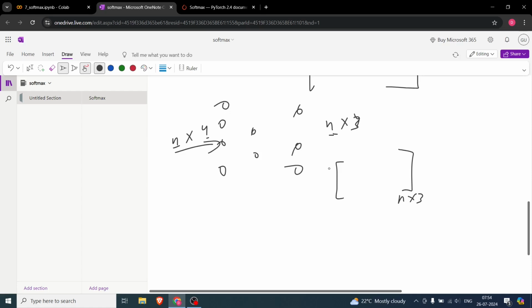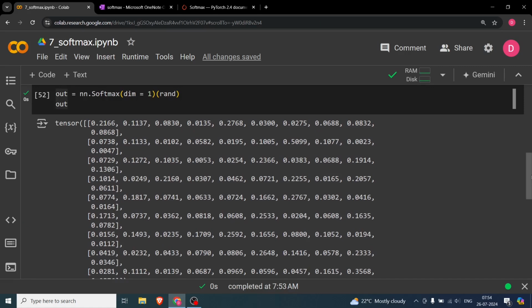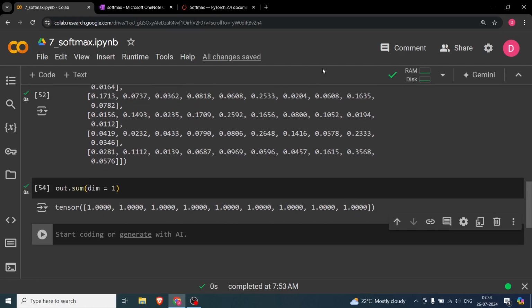This represents your number of examples, and this represents your output neurons. Then you use a simple exponent, and after that you normalize along this dimension, across the columns, which means dimension equal to 1. Finally you get these values, and these values will later be used with cross entropy for finding loss. That is beyond the scope of this video.